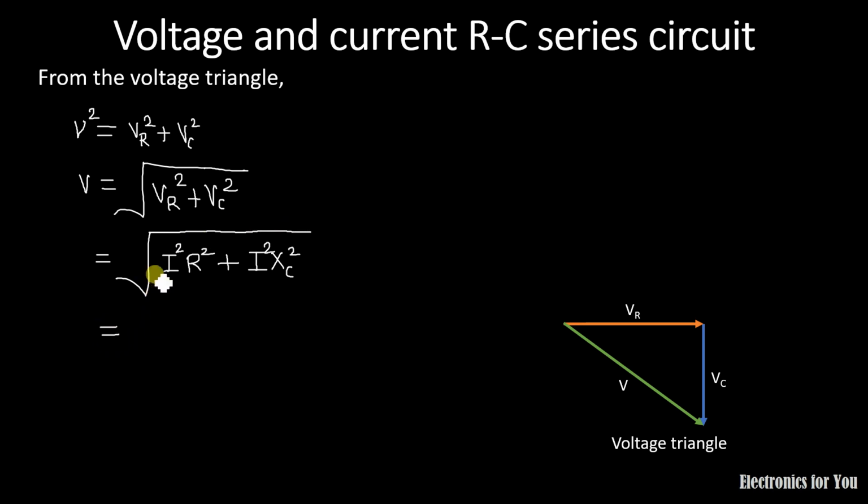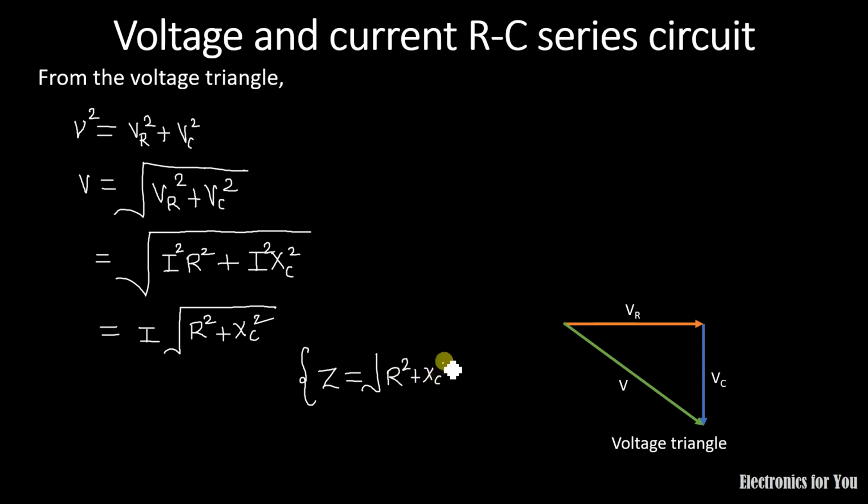And therefore if we take I common, then we get I times the square root of R square plus XC square, which is nothing but the impedance, generally indicated by Z, and Z is equal to the square root of R square plus XC square.